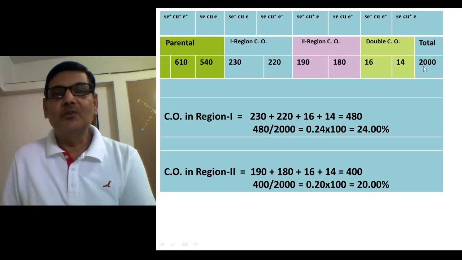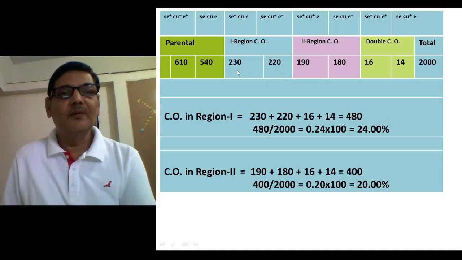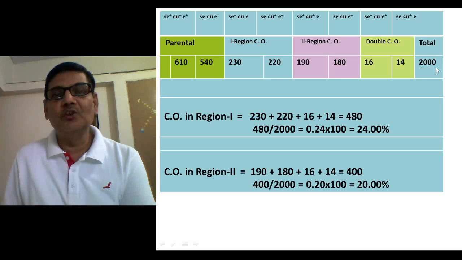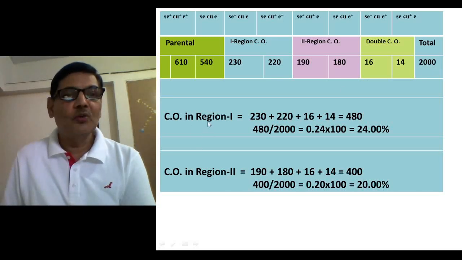So what we will be doing, we will see what is the crossing over percentage if it occurs in the first region, and then if it occurs in the second region. So here again the same formula will be used, that is number of recombinant types divided by total number of flies or individuals observed into 100. So let us say crossing over that occurs in the first region, that is between SC and Cu genes.